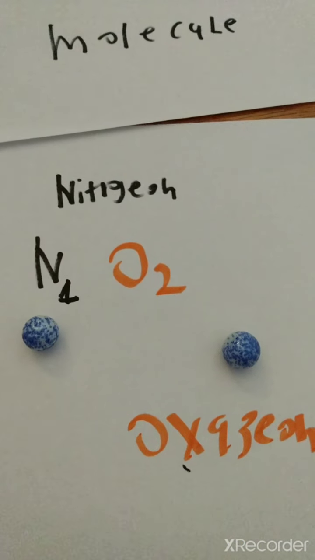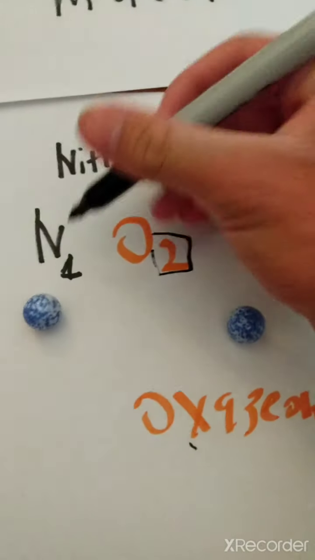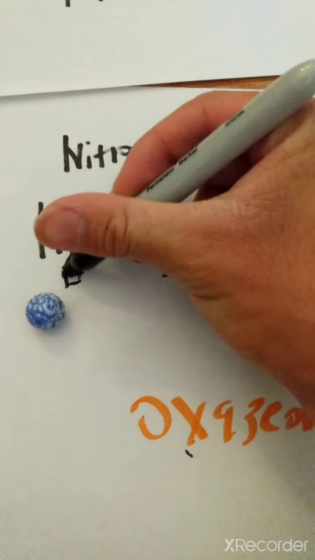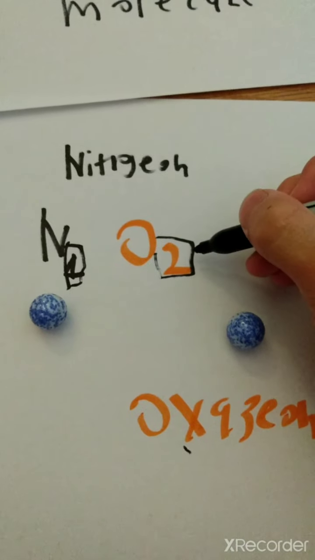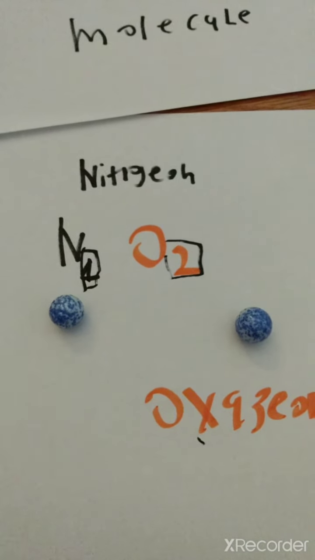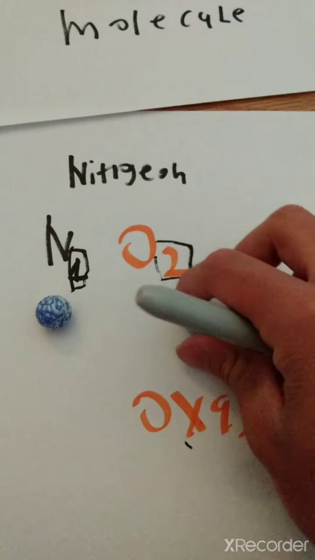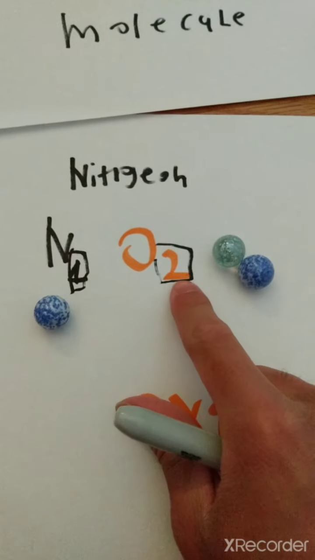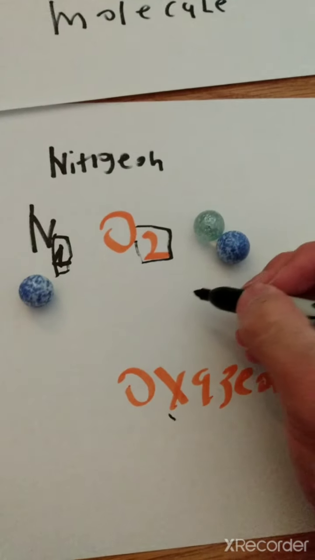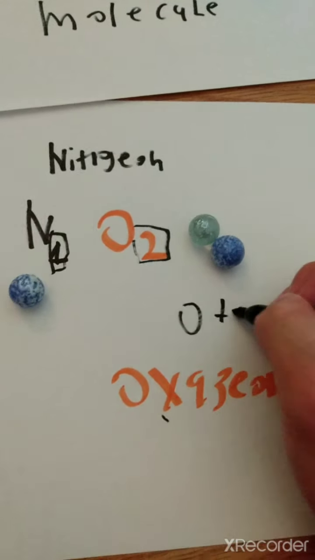These numbers, that number 2 and that number 1, are actually called subscripts, and they tell you how many atoms are in that element. Like, there are 2 oxygen atoms in oxygen. That's what that number 2 tells you, because scientists do not want to go O plus O plus O. Imagine having that 2 change into a 16.